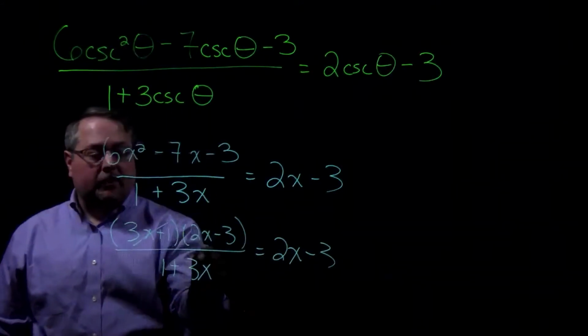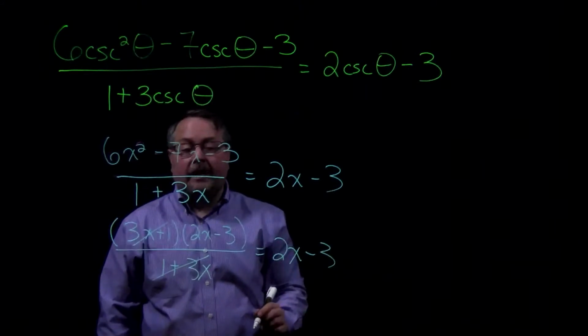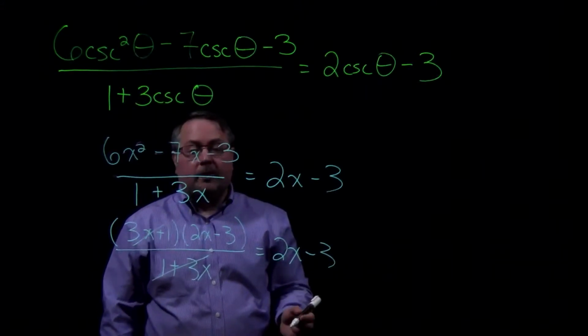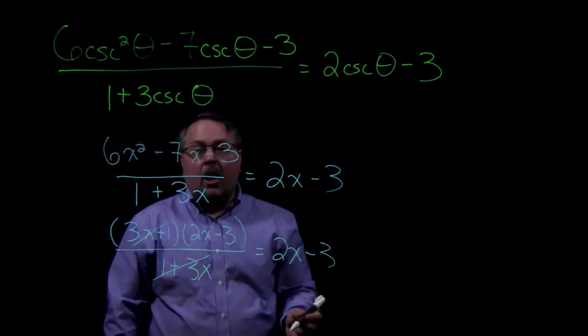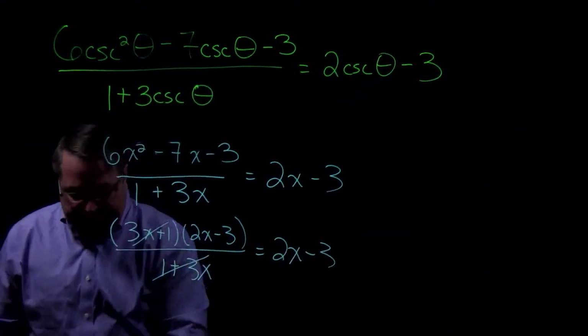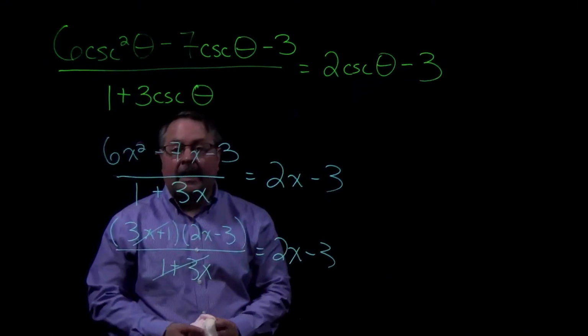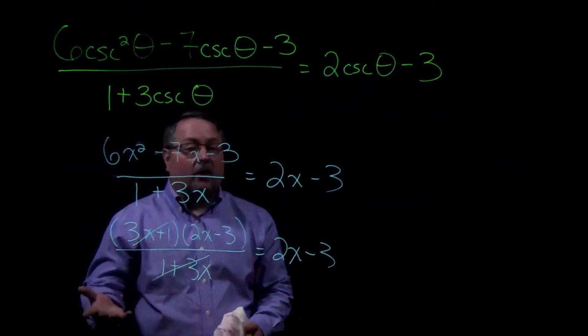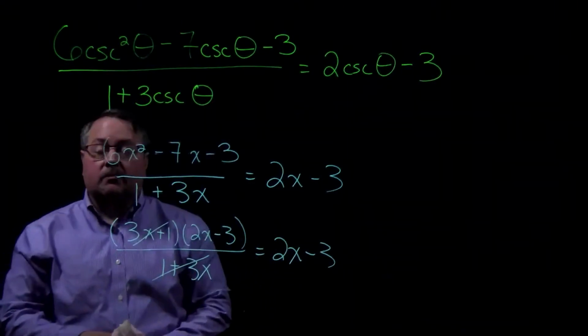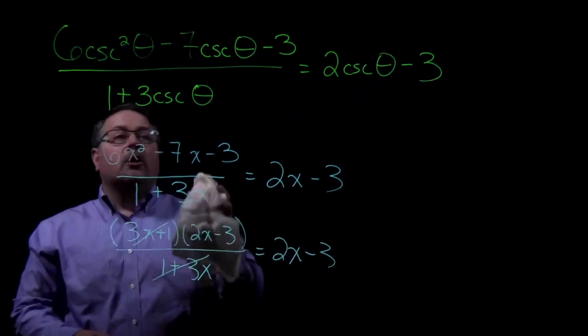And then we have a 3x plus 1 over 1 plus 3x. That would cancel, and we'd be left with 2x minus 3. And we would factor our numerator using your factoring technique of choice, using the AC method, using slide and divide, using trial and error, whatever your favorite method is for factoring quadratics.